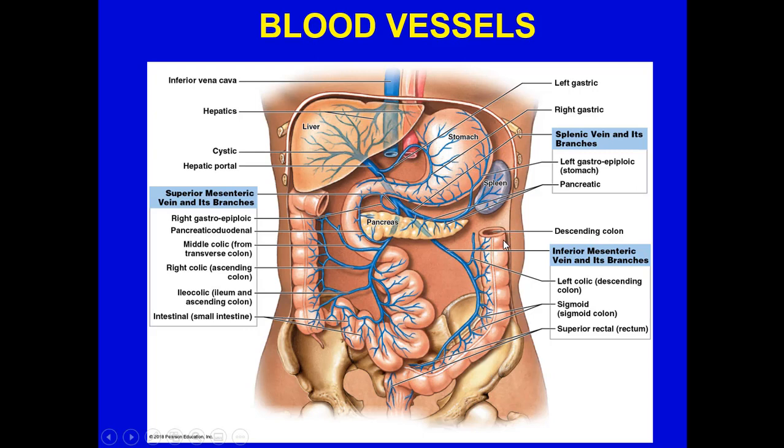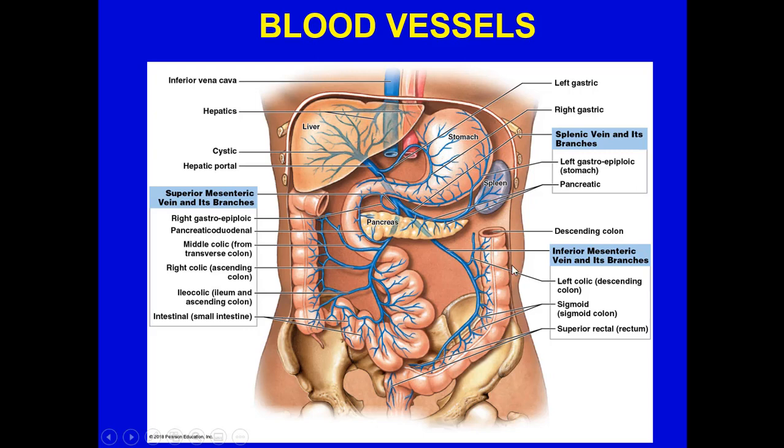All right? But what is all this stuff doing? It's going over to the hepatic portal, which will then distribute all of the nutrients, and it will take away certain materials. But guess what? All of this is going to go over here, and then it's going to be picked up by the hepatics and deliver finally into the inferior vena cava.